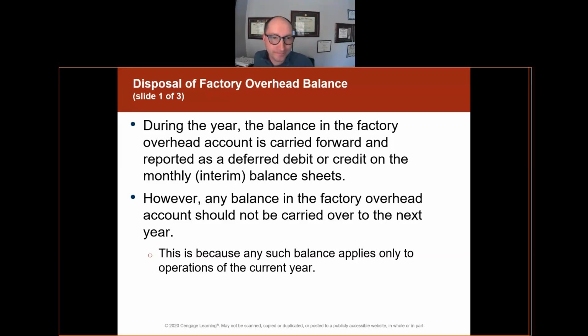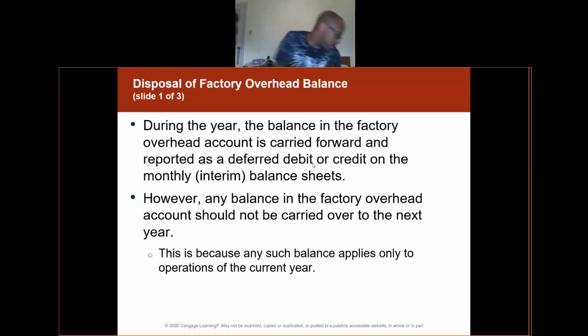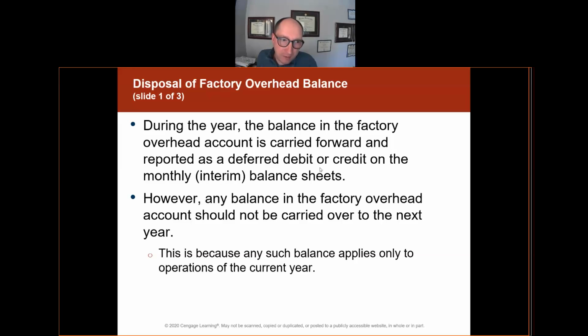Okay. So during the year, when we over apply or under apply factory overhead, it shows on our balance sheet for factory overhead, and we need to make the adjusting entry before the end of the year, so that it doesn't carry over into the next year.